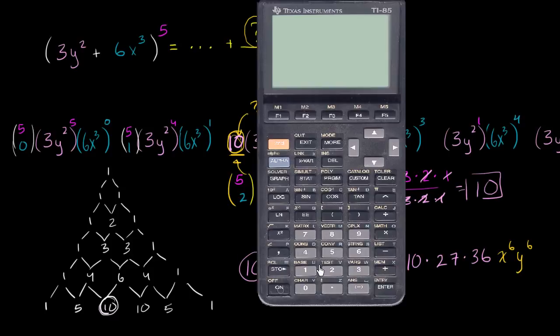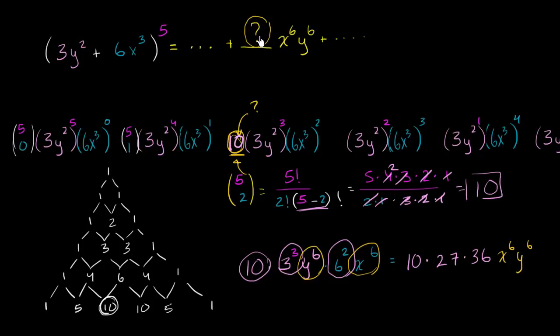Let's get a calculator out. I could have done it by hand, but I'll just do this for the sake of time. 270 times 36 is 9,720. So that's the coefficient right over here. It's going to be 9,720 x to the 6th, y to the 6th, and we're done.